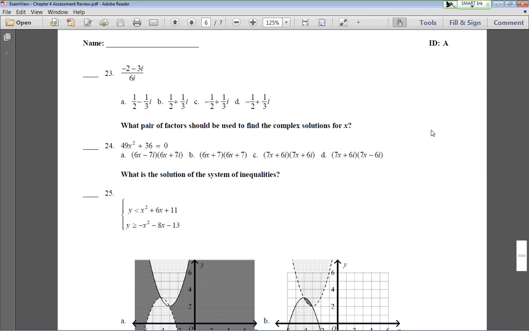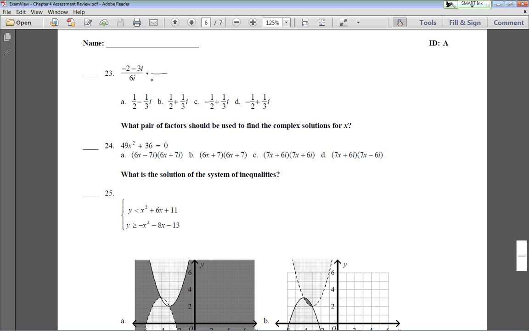Let's look at this guy. We want to simplify him. Remember, when you simplify, you can't have an imaginary number in your denominator. So what do you do? Well, you multiply this by something called the complex conjugate. For the complex conjugate, all you have to do is change the sign on your imaginary term.